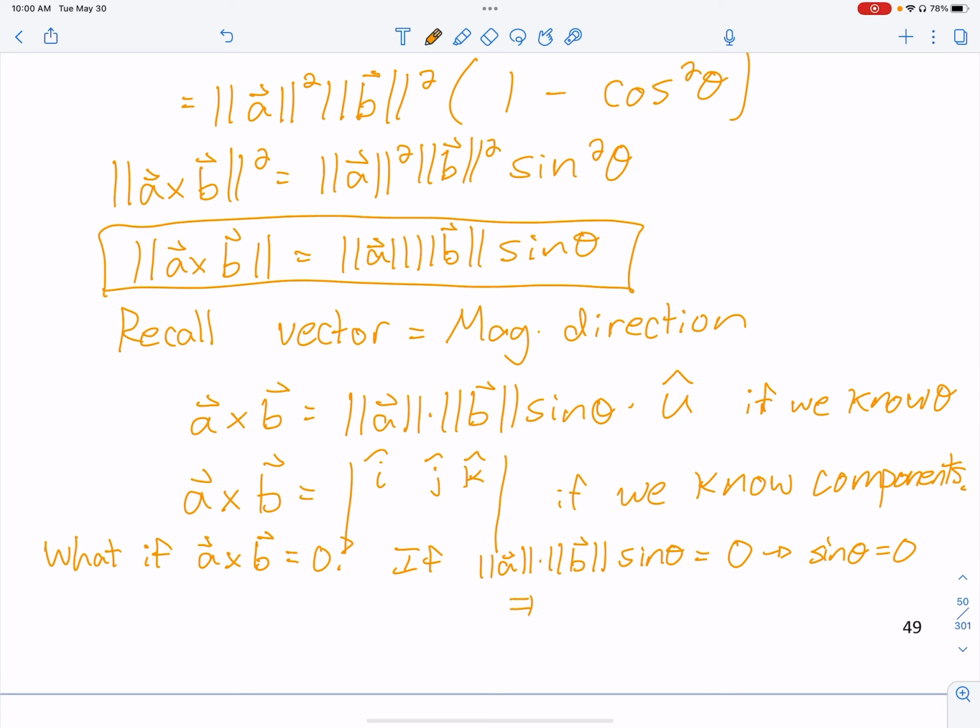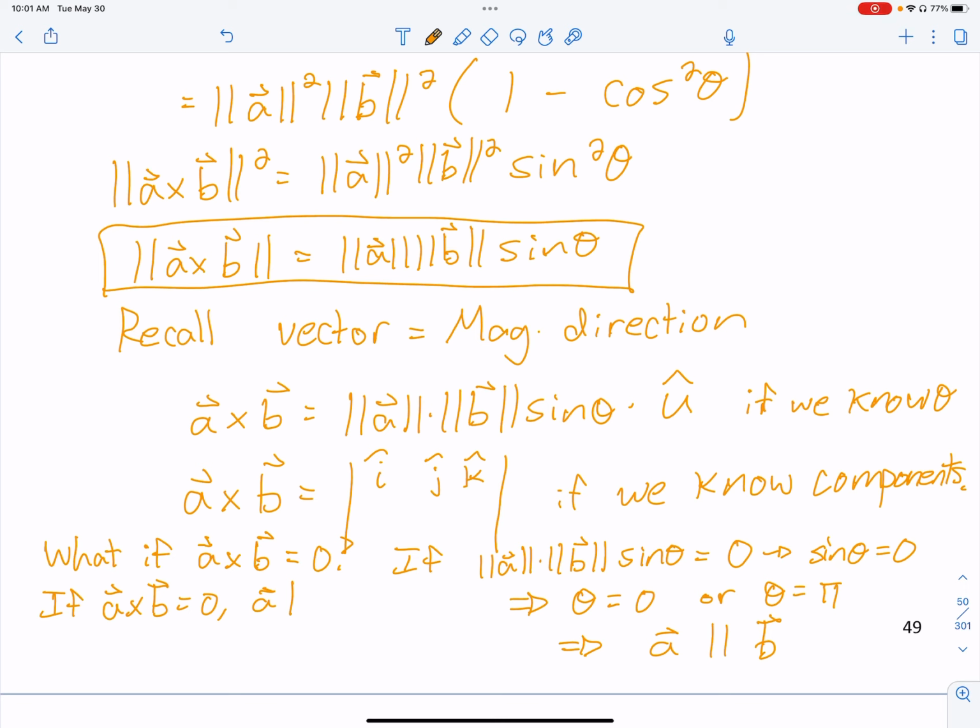Well, when sine theta equals 0, theta is either 0 or pi, which means that A is parallel to B. So, this is big here: if A cross B equals 0, then A is parallel to B.